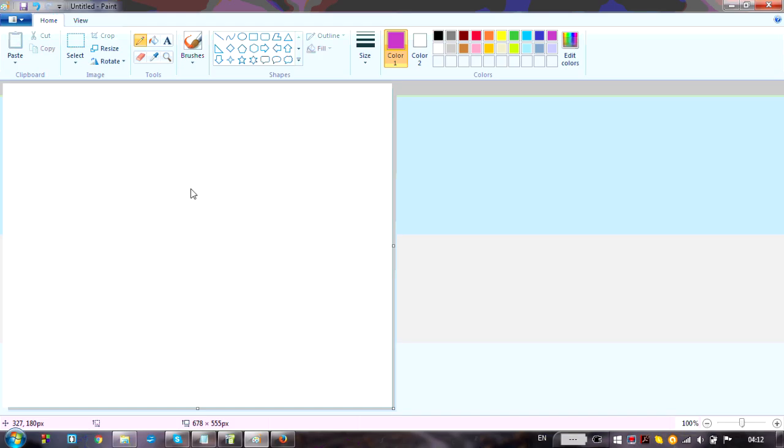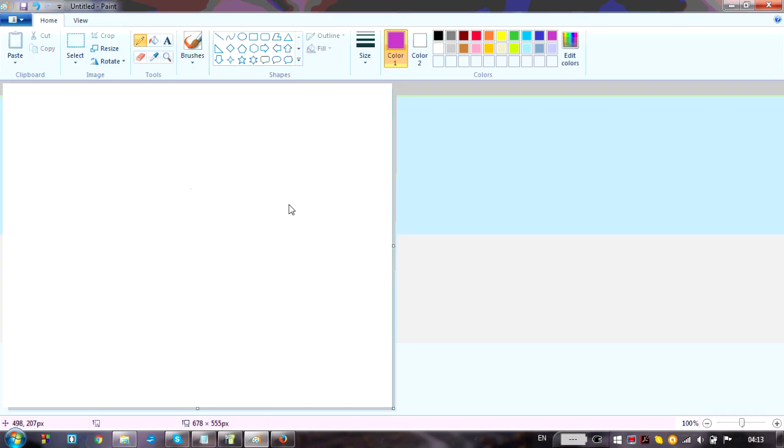Right in the bottom left corner of Paint, you can see that the numbers here are changing very fast when I move the mouse. And that's because every time I move the mouse, even if it's really a tiny movement, I'm entering a different pixel.